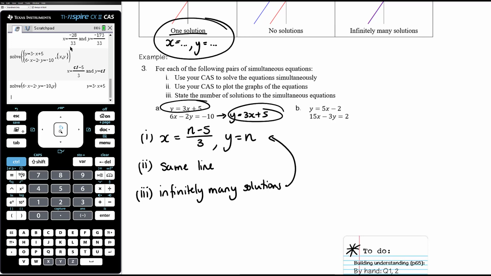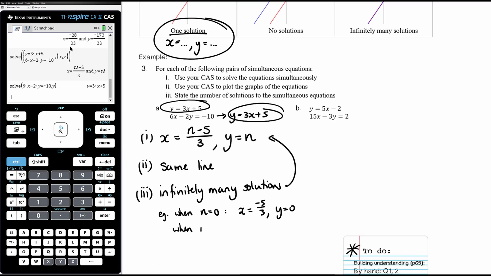Okay, so for example, when n is equal to 0, that unknown value is equal to 0, the solution becomes x equals negative 5 on 3 and y equals 0. That's one possible solution.